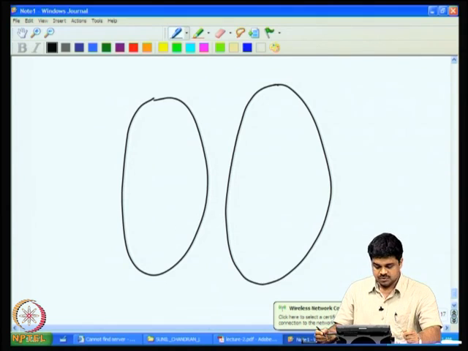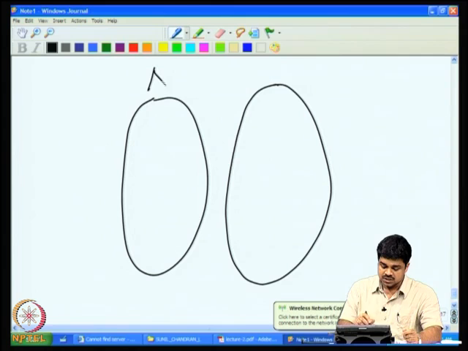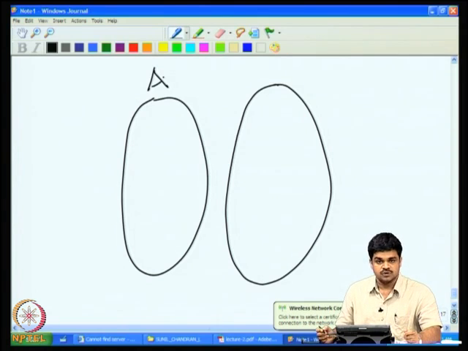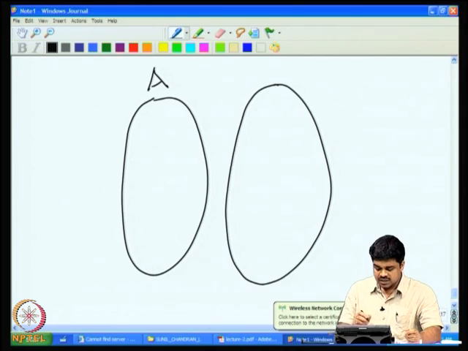Suppose not. Suppose Hall's condition is true, but we do not have a matching that matches every vertex of A. In that case, there are some unmatched vertices.